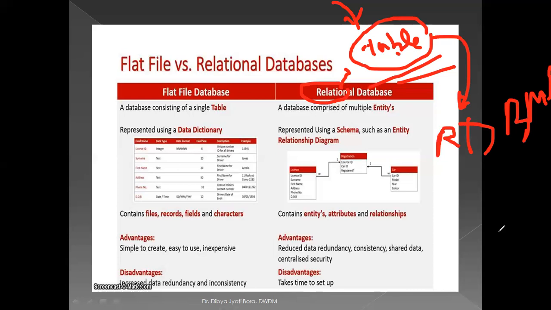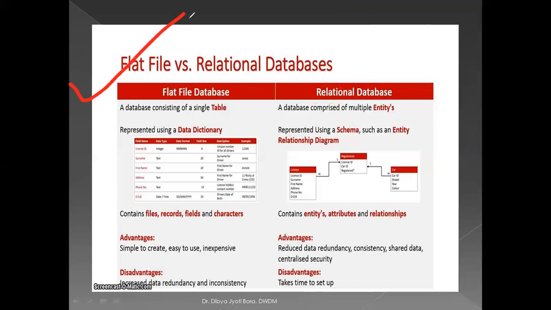Now let's come to our main topic, that is the difference between the flat file and relational database. See, a flat file database consists of a single table. But you already work in Oracle or whatever DBMS you are using.